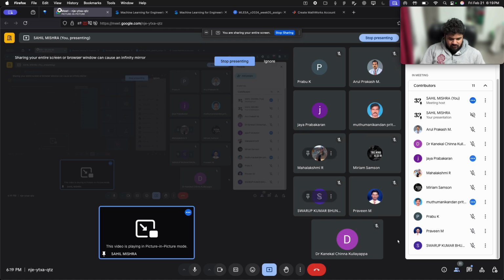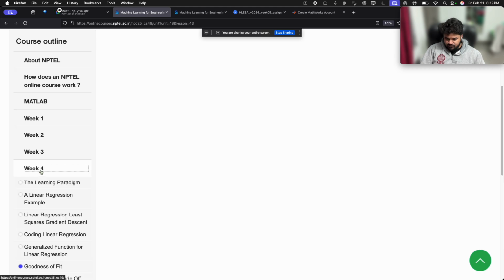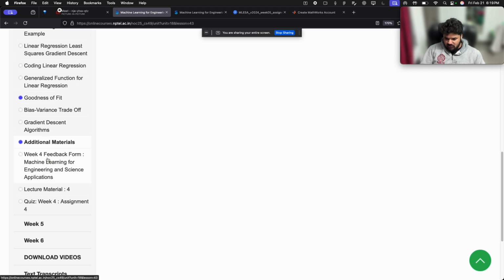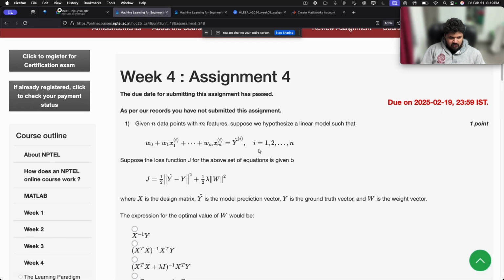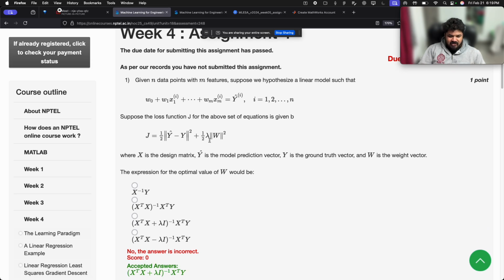Which one? Which question? Acha, we haven't discussed assignment 4. Okay, we'll discuss assignment 4 also. Linear models.